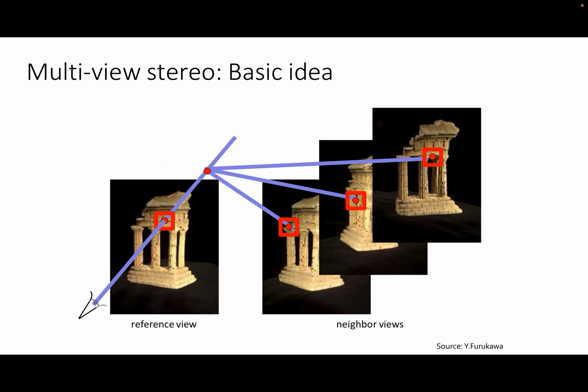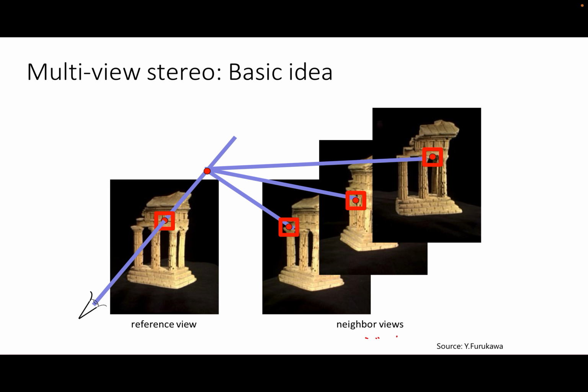And let me introduce a simple approach for MVS. The technical stuff, we already learned all the technical stuff, and this is just the application of what we learned so far, like image matching, calibration, triangulation. So let's say there's the reference view and neighbor views. Assuming we know camera parameters, then we know what the neighbor views are, right?